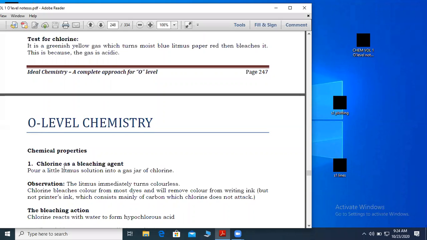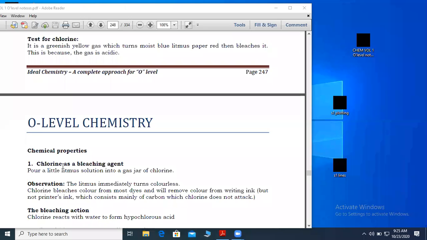So we are going to describe an experiment to show that chlorine is a bleaching agent. And before we go any further, let us look at this. At home, when you are washing, I think you have ever seen someone putting jik in the clothes, especially white clothes.